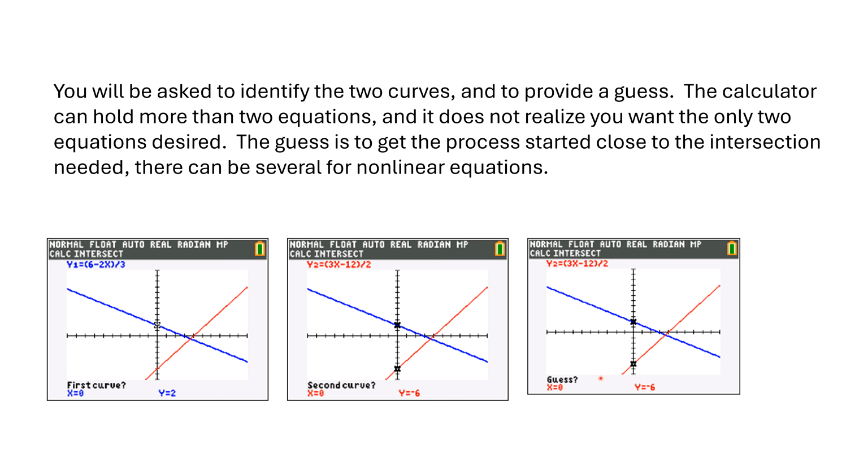And then it's going to ask me for a guess. It would like to converge down to this, so I don't want to make a guess too far out. With straight lines, it really doesn't matter. But if these weren't straight lines, I would want to get close enough that I can converge to that intersection. The guess happens to be wherever the cursor was left. That's fine. If it's not, move it with the left and right arrows.